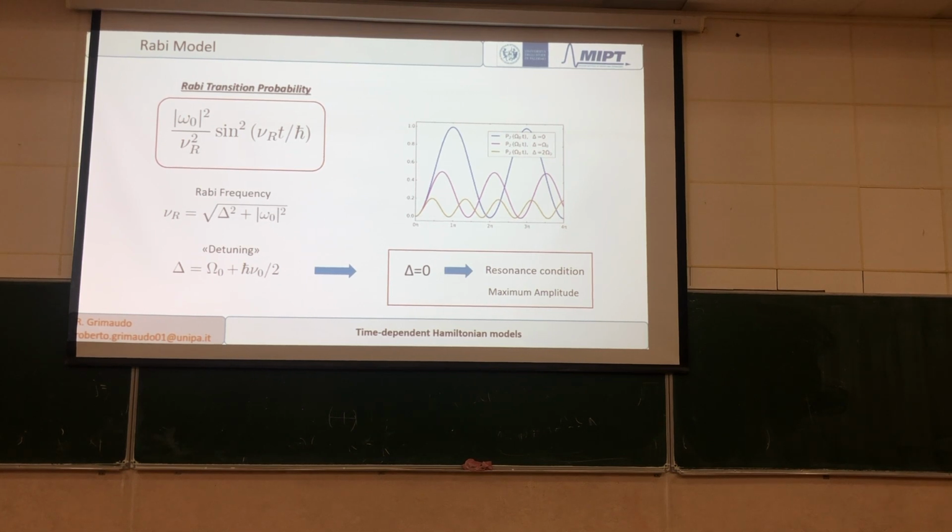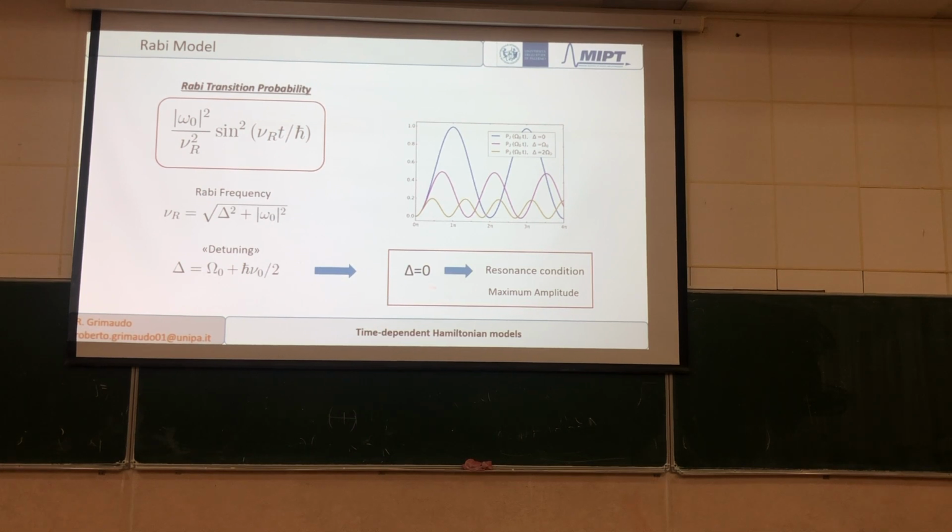And very important is the fact that when the tuning is equal to 0, we have the so-called resonance condition. That is, we have the maximum amplitude, reported here in blue line, for the transition probability. That is, there are time instants for which we have the maximum probability so that our system can accomplish this transition.